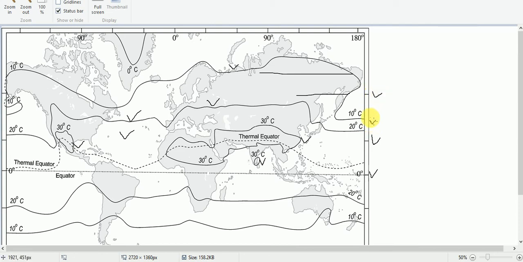Along this 40 degree north, temperature is around 10 degrees Celsius. Likewise in the southern hemisphere, this is 30 degrees south, and this is 40 degrees south, and here also temperature is around 10 degrees Celsius.